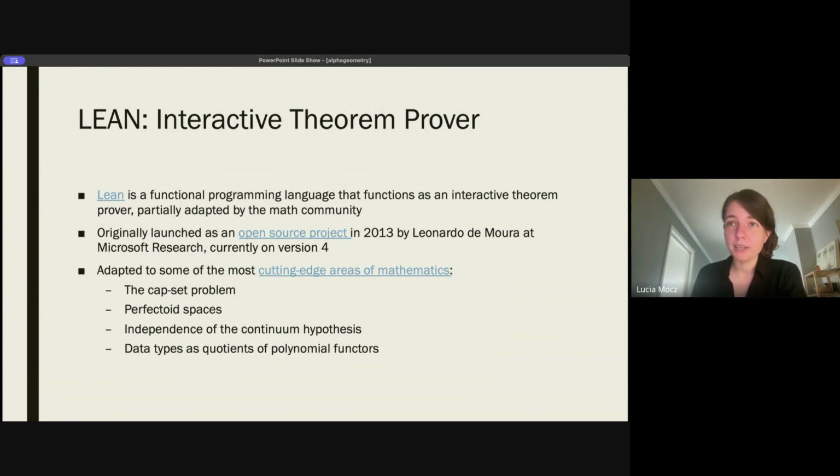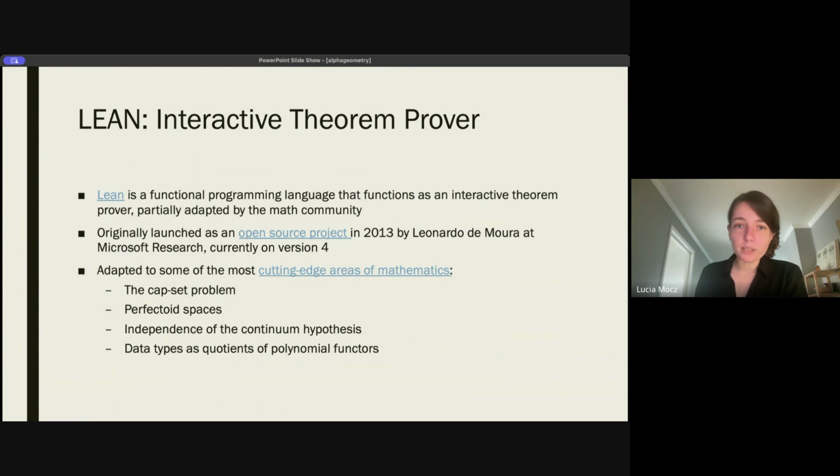The reason why this has not been used in AlphaGeometry, and rather a more classical symbolic engine, which uses a deductive database and a very classical symbolic language for geometry proving, is because Lean has not yet been adapted to classical geometry problems.